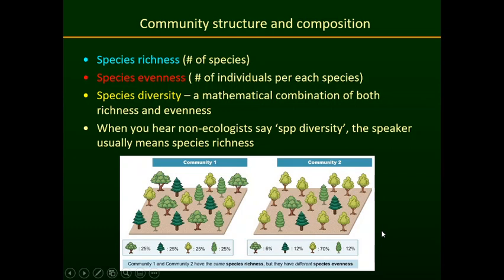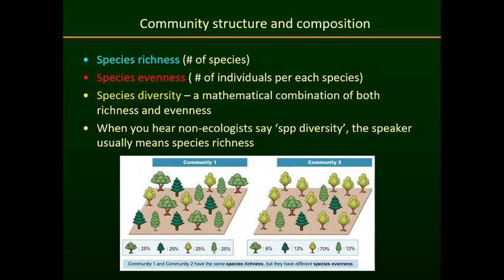Okay, so what we're looking at here are some different ways of measuring things in communities. This is just a taste of many different ways ecologists can measure things in communities, but these are some fundamentals that are important. One of them is species richness. That's a term for the number of species that you can find in a community.